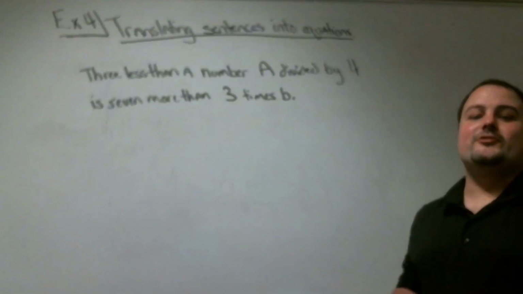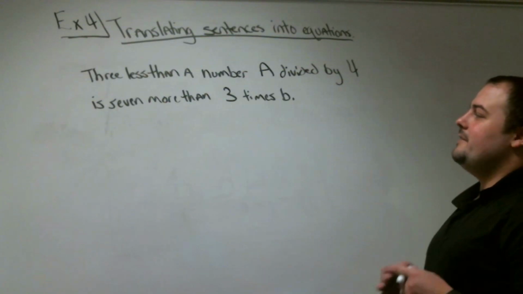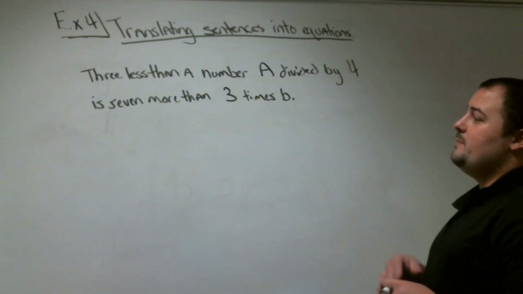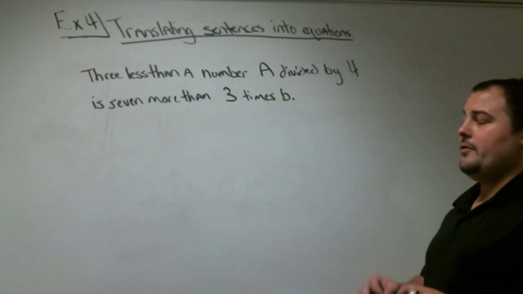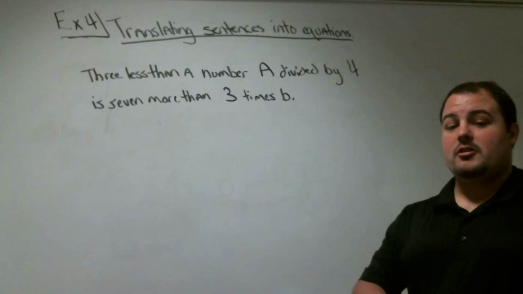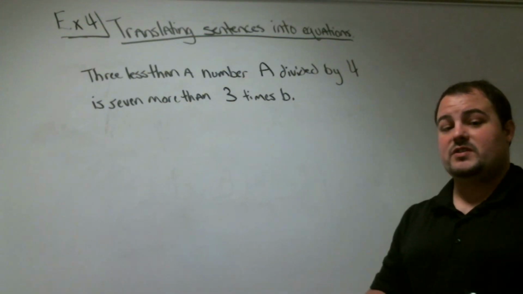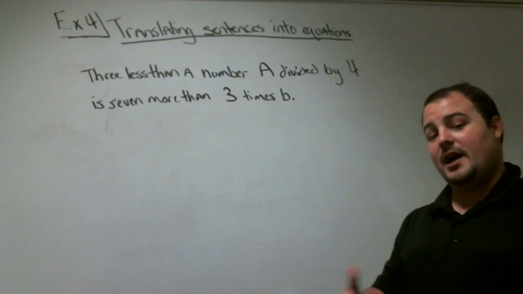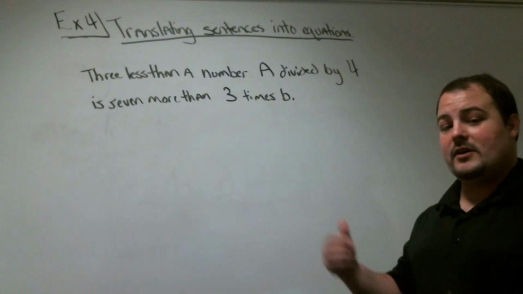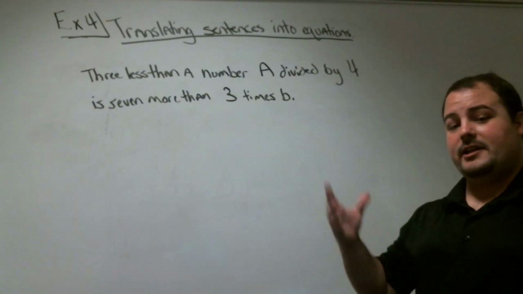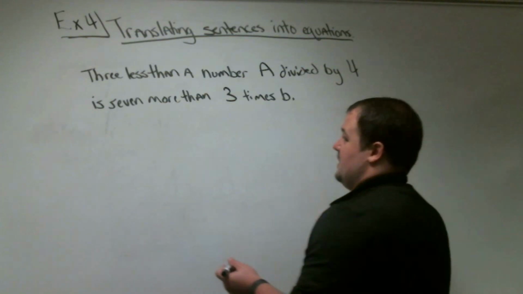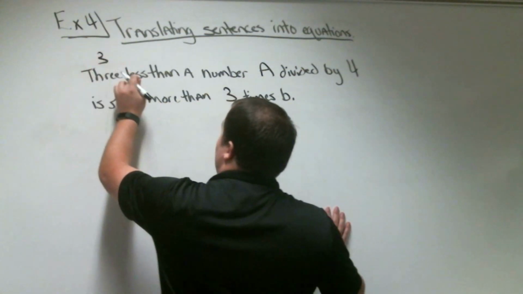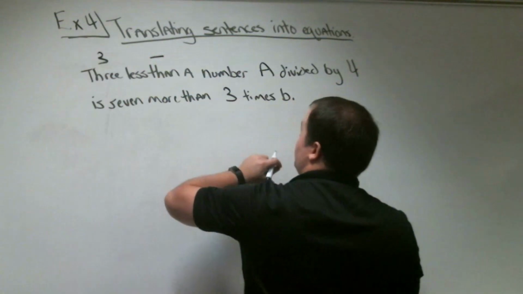In example 4, still translating, it says 3 less than a number A divided by 4 is 7 more than 3 times B. So start by changing everything to numbers and writing the signs in between that we might have, and then we're going to write the problem out after manipulating the sentence to get an idea of what's happening. So I have 3. I know the words less than mean take away something.